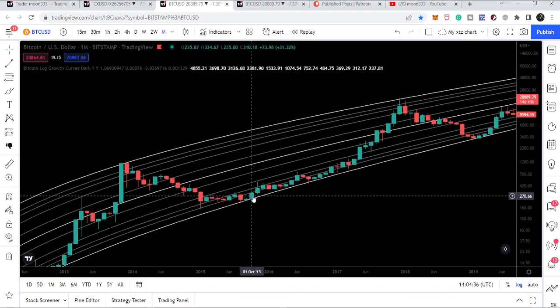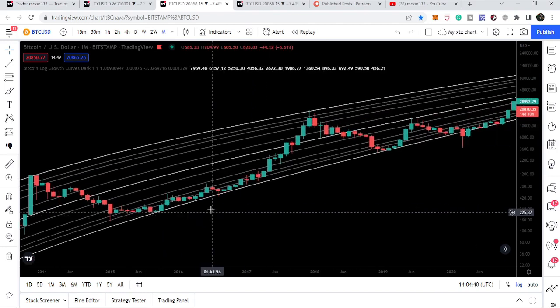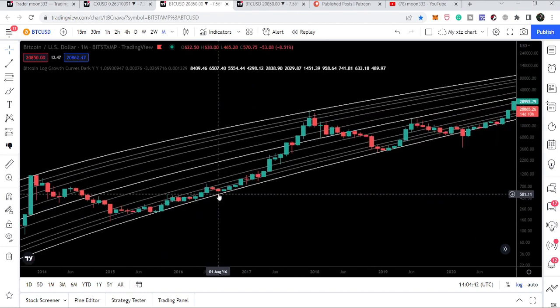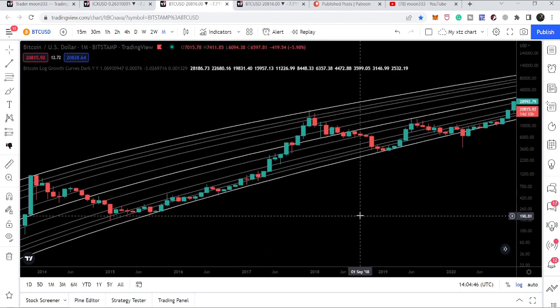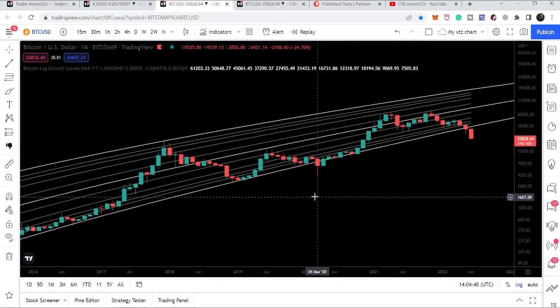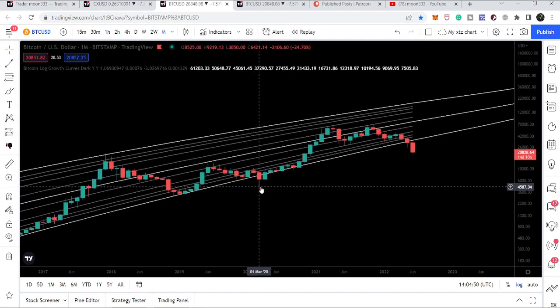Even this candlestick has tested, but we never come back to this low. We tested this candlestick here as well, but we never came back to this low. Again, it happened here as well. And in the month of March 2020, we set the low here, which was $3,850. We never came back to this low.